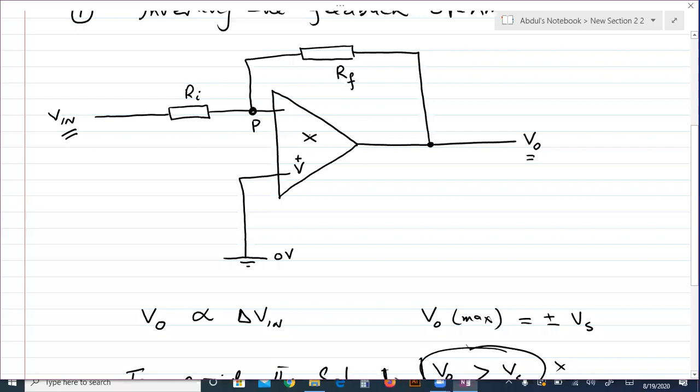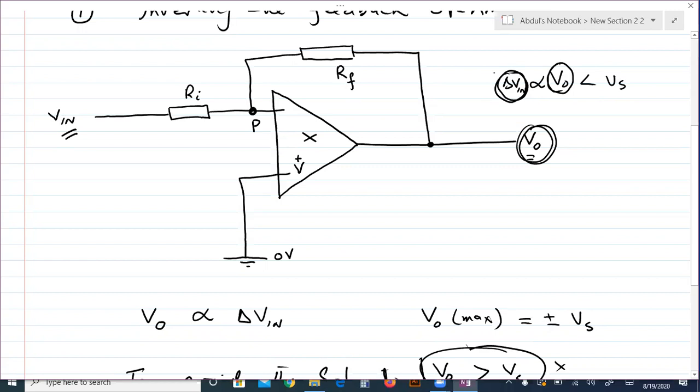So I repeat, to avoid saturation, we have to keep this output voltage low, mean lower than supply voltage, but output directly proportional to difference of the inputs. For small value of the output, we have to keep this difference of the input minimum.